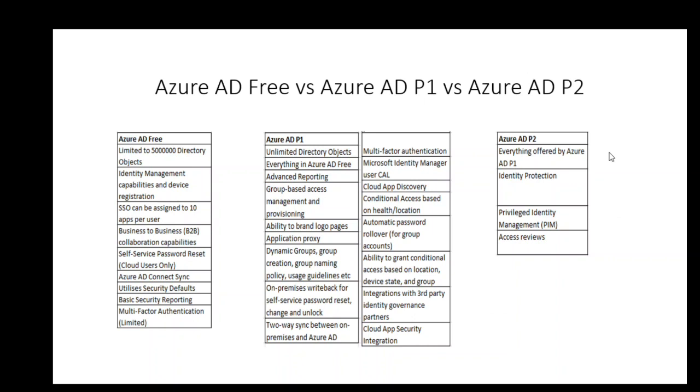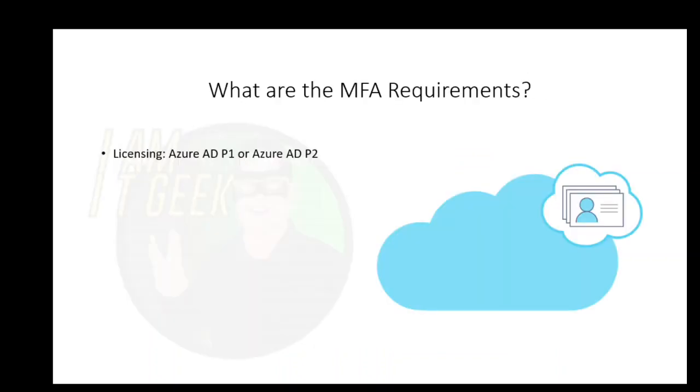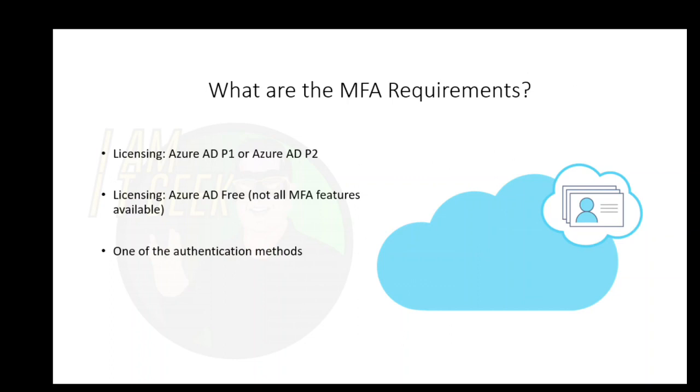So if we hop back to the requirements for MFA, we've just gone through the licensing there. And I think I mentioned earlier that although the free version of Azure AD does allow users to utilize MFA, it has very limited capabilities and uses the security defaults within Azure AD. Another important requirement is that you have to have at least one of the authentication methods, which I discussed earlier.